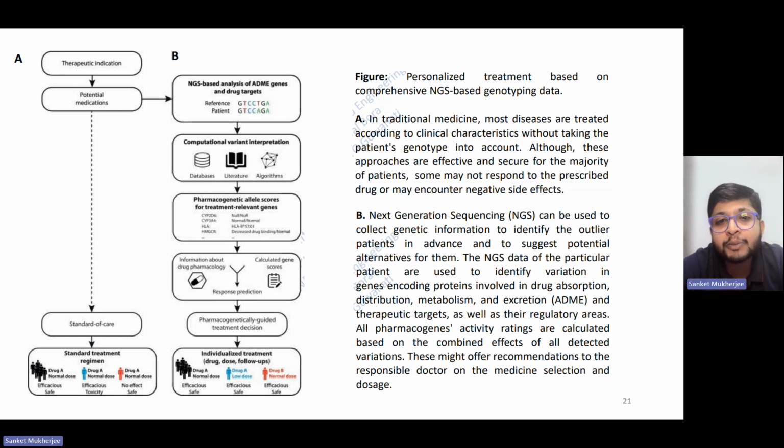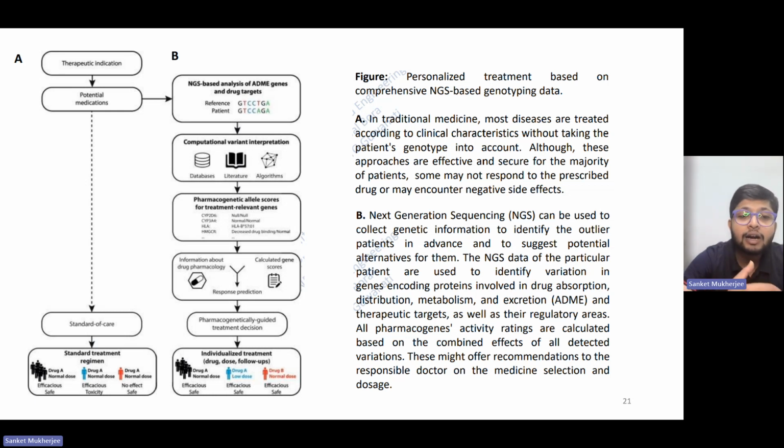The NGS data of the particular patient are used to identify variation in the genes encoding proteins involved in drug absorption, distribution, metabolism, and excretion, basically the ADME characteristics of a drug, and therapeutic targets, as well as the regulatory areas. All pharmacogene activity ratings are calculated based on the combined effects of all detected variations. These might offer recommendations to the responsible doctor on the medicine selection and dosage.